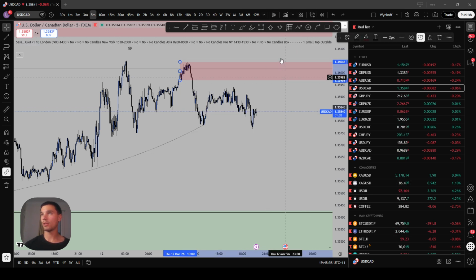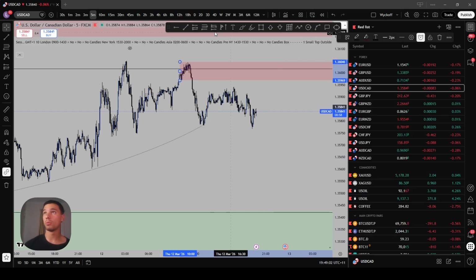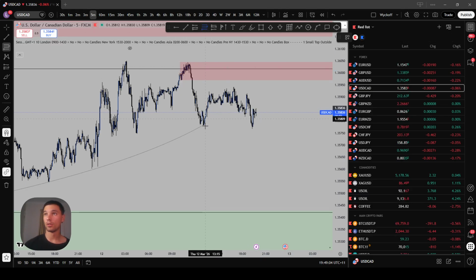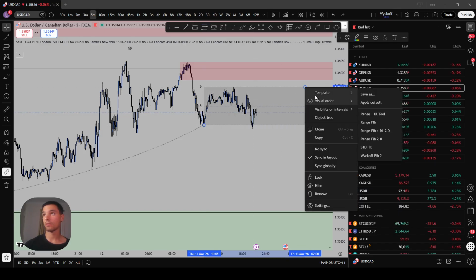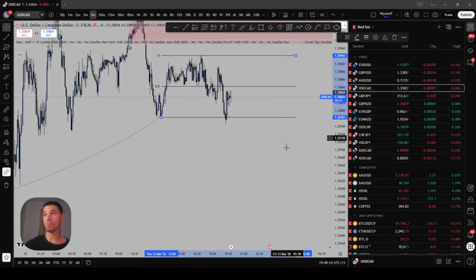The only other thing I will monitor is if we actually form an accumulation with the purpose of mitigating the supply above us. We can do something like this.